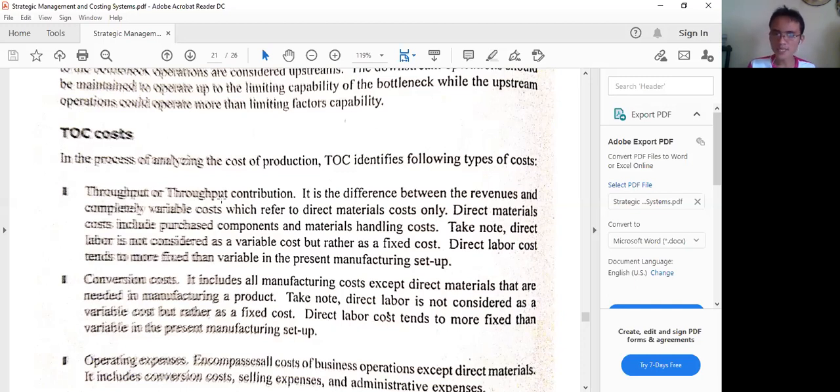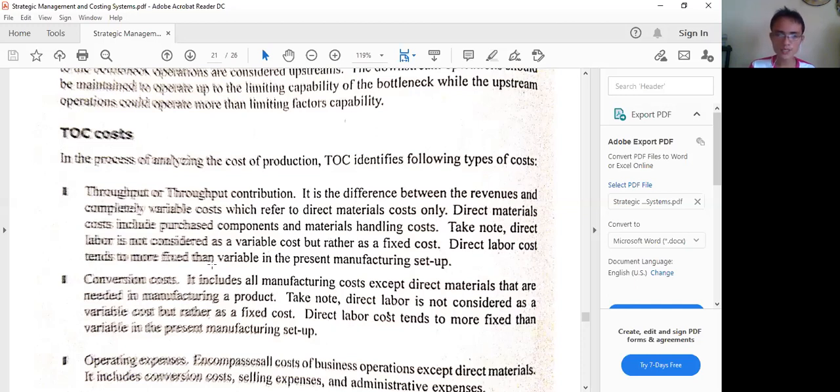So I repeat, basically the throughput contribution is computed similarly to the contribution margin, excluding the conversion costs composed of direct labor and factory overhead. So we only have to deduct all costs related to direct materials, including the handling costs.